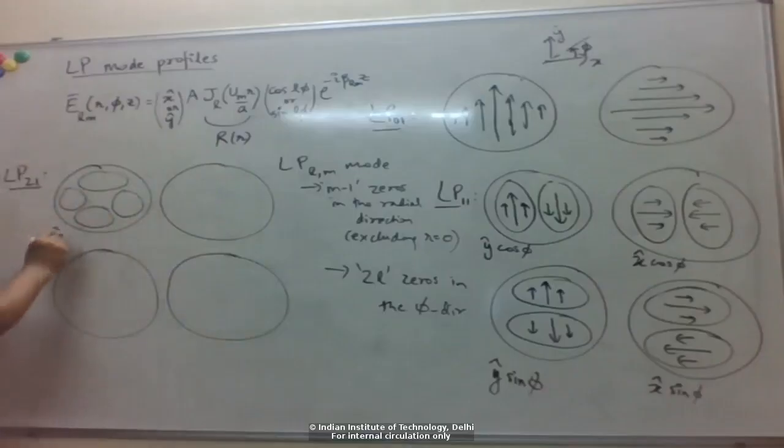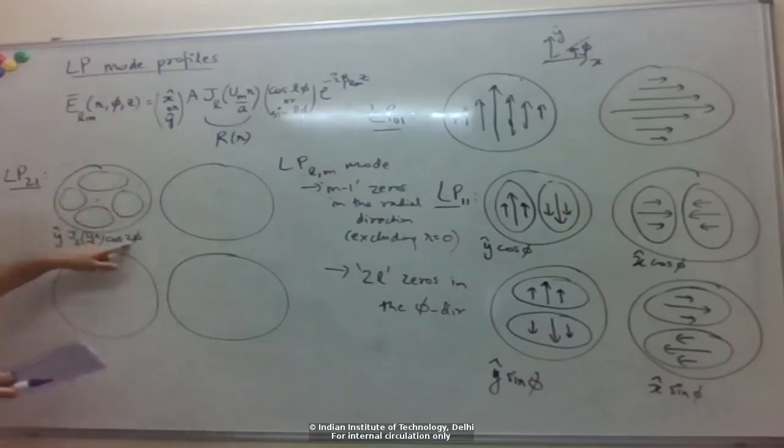Again, this will be the Y polarized case. So the mode profile looks like J2. There's a null in the center because of J2, and there are 4 zeros, right?